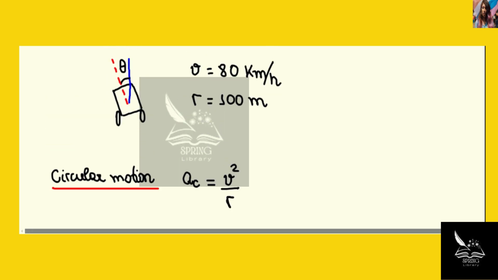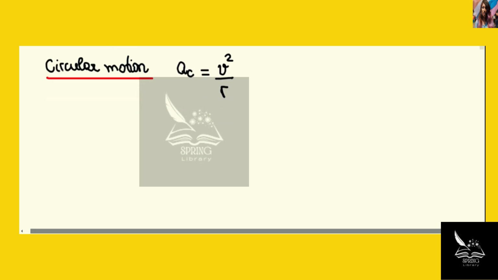Okay, so what we need to do is to draw a force diagram. Consider that this block here represents the driver, and the forces that act on the driver are the normal force, N, and the gravitational force, mg.